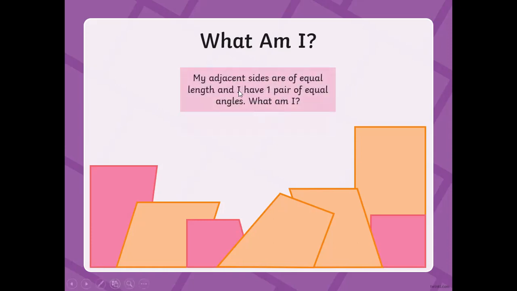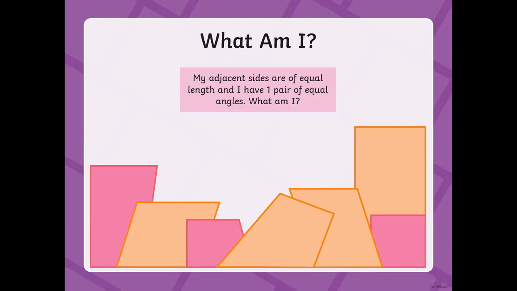Okay. Next, my adjacent sides are of equal length and I have 1 pair of equal angles. What am I? Adjacent means my sides. What shape is this? Remember of all the shapes? Nope. It's not a rectangle. It's not a triangle.